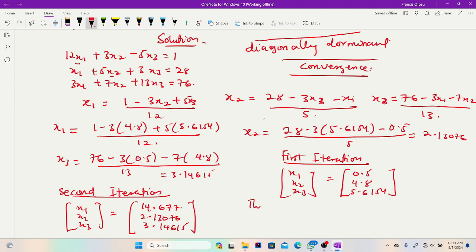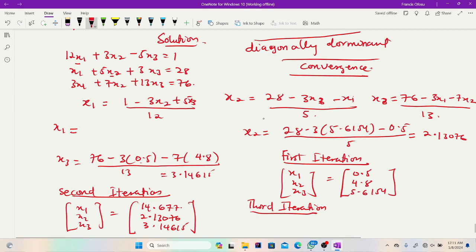Then finally we write our third iteration. You realize that this is a simple process. It's just a substitution, then you find new values, then you resubstitute. That's all. With our third iteration, the input will be the output of the second iteration. So I'll find the value for the new x1.